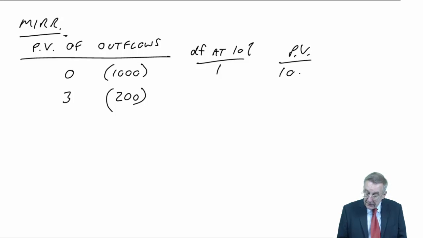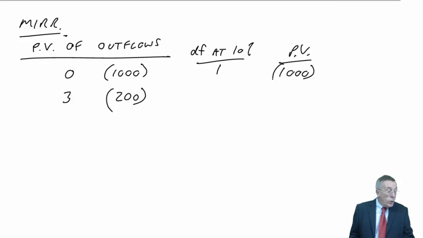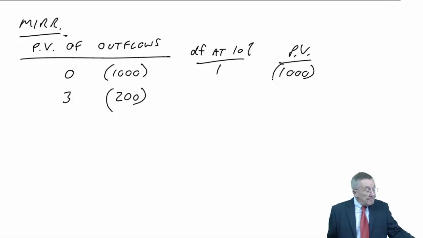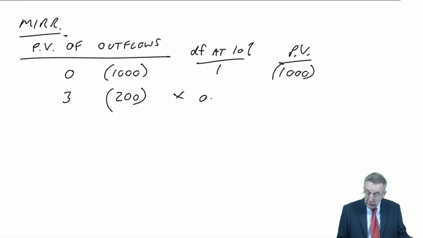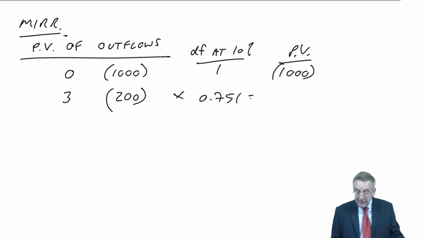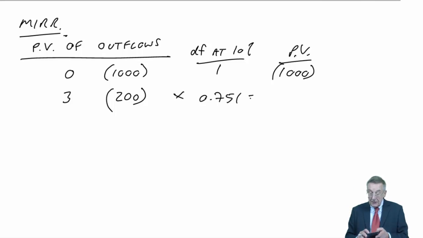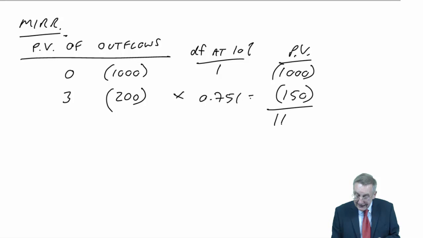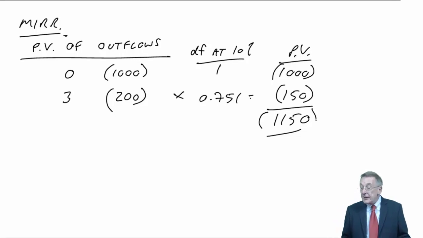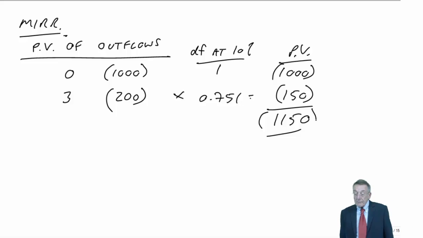So 1,000 now is 1,000. 200 in 3 years' time. The discount factor for 3 years at 10% is 0.751. So present value 150. So there's the present value of the outflows.